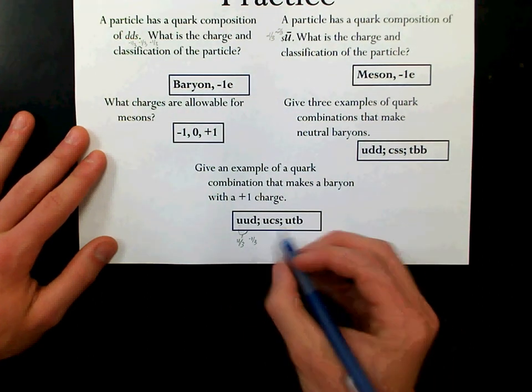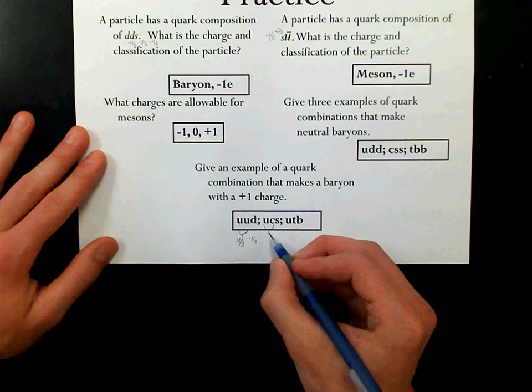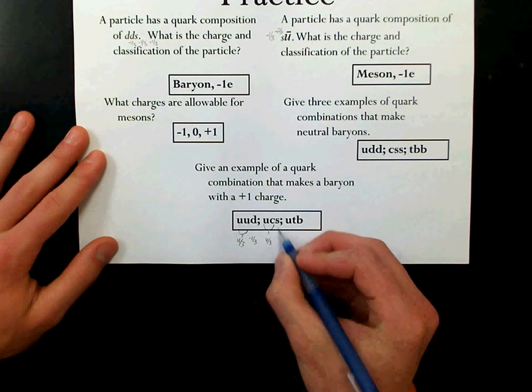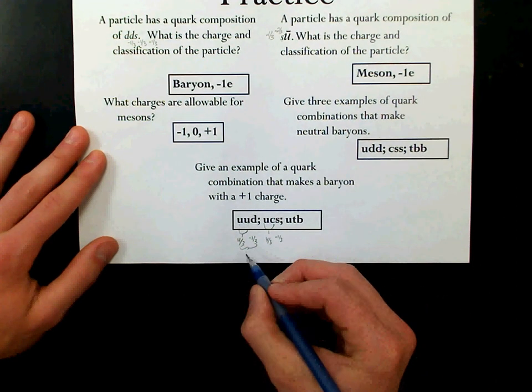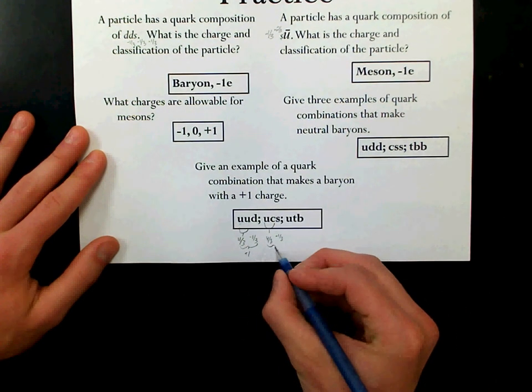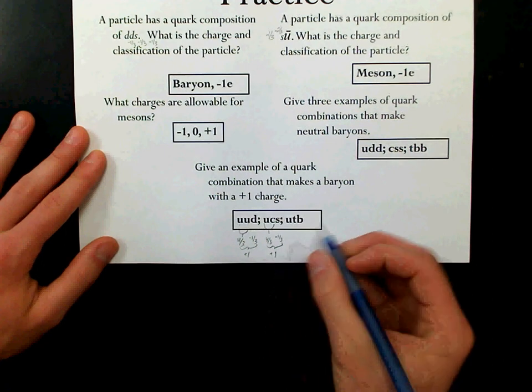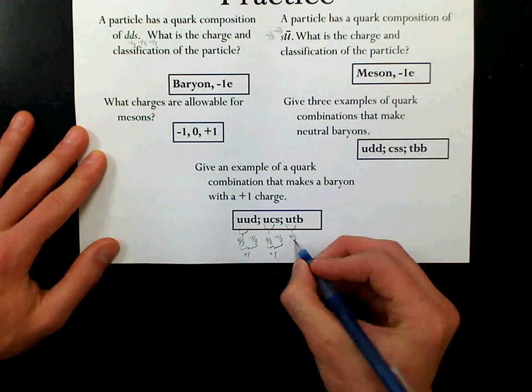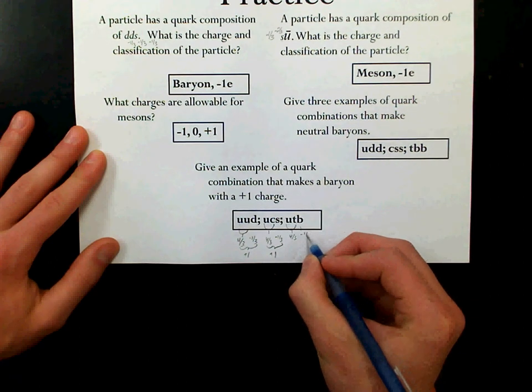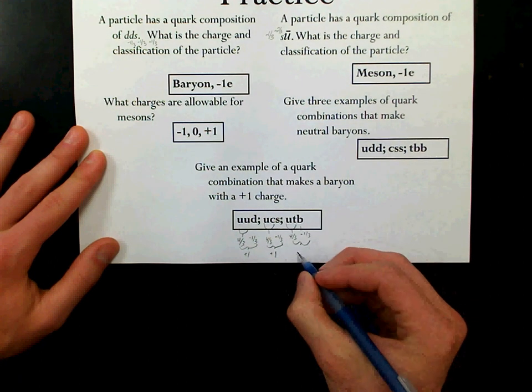Same thing over here. Up and charm will both get me 4/3. Strange minus 1/3. So for both of these examples, I'm having plus 1. Up and top together is going to get me 4/3, and my bottom is going to be minus 1/3. So together, I have plus 1.